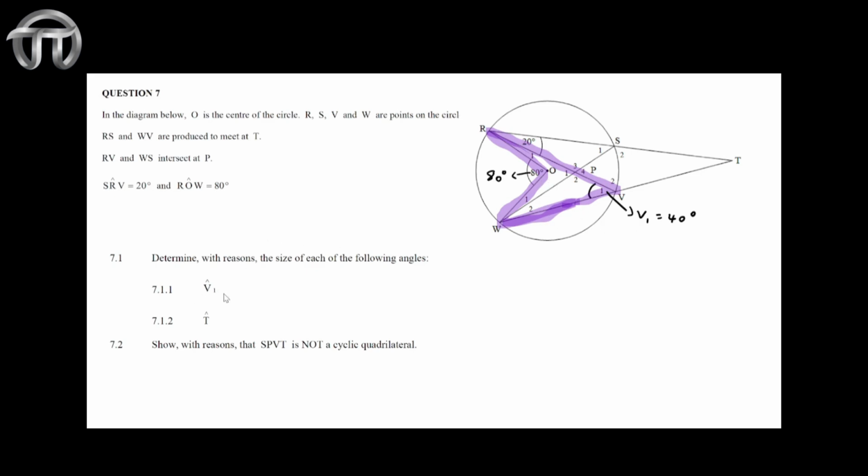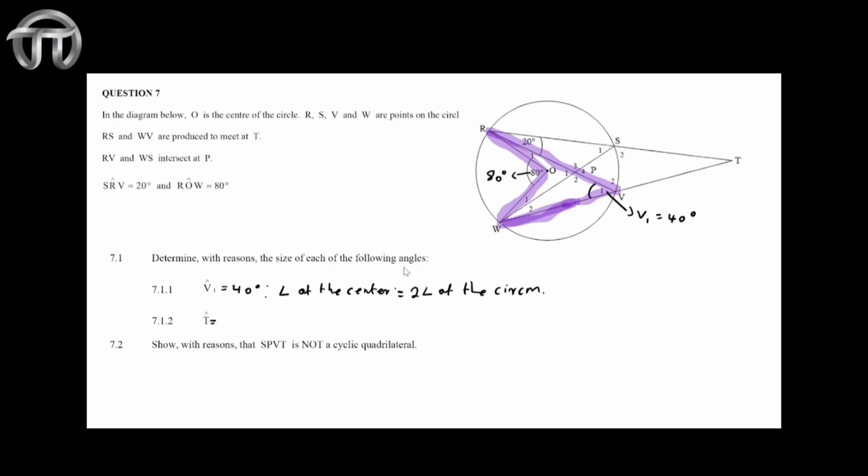So V1 here is equal to 40. And then our reason, we're going to say that the angle at the center is 2 times the angle at the circumference.